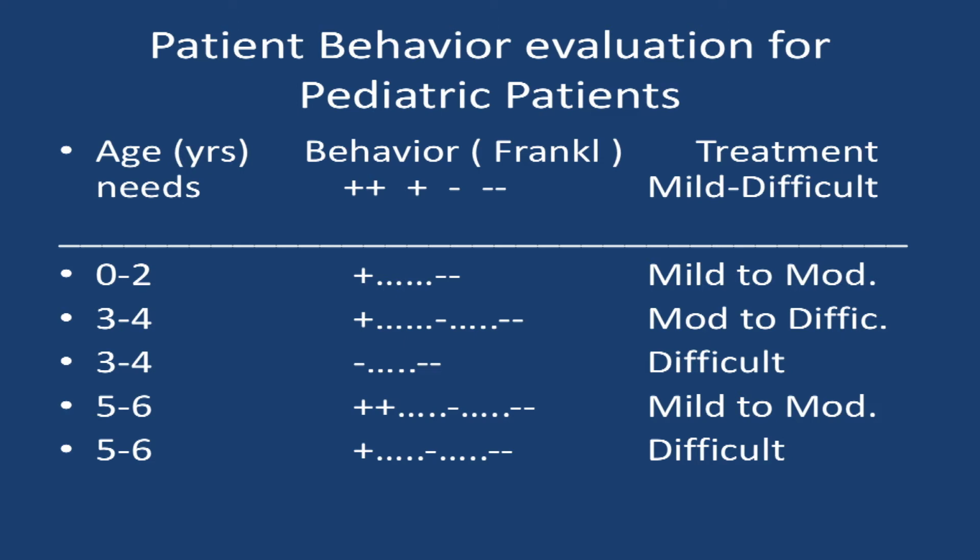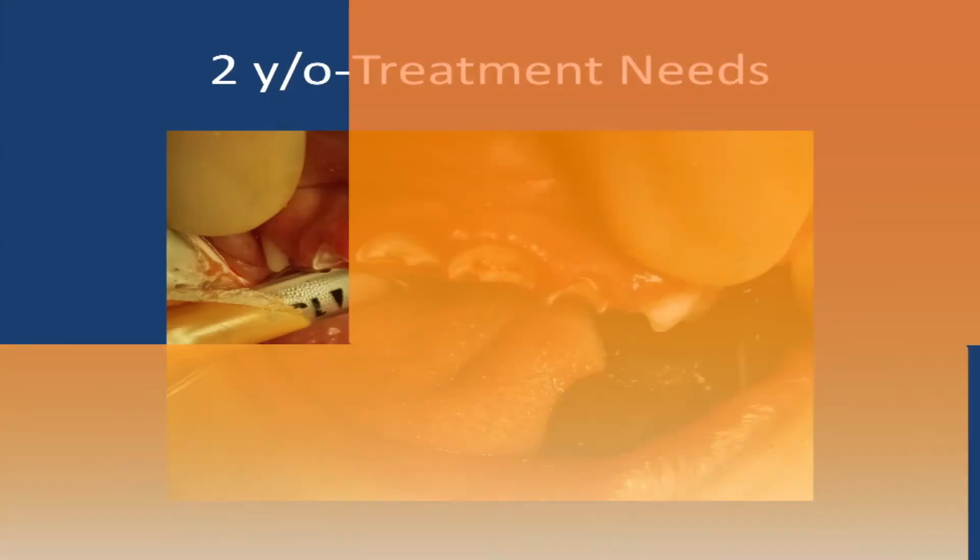And the behavioral ranking that you see in the center describes how that behavior would be. Patients that are 5 to 6 would go from mild to moderate difficulties, and patients 5 to 6 can also be difficult. Using this Frankel behavior scale allows one, over a period of time, to describe how the patient's behavior occurred during the dental procedure.